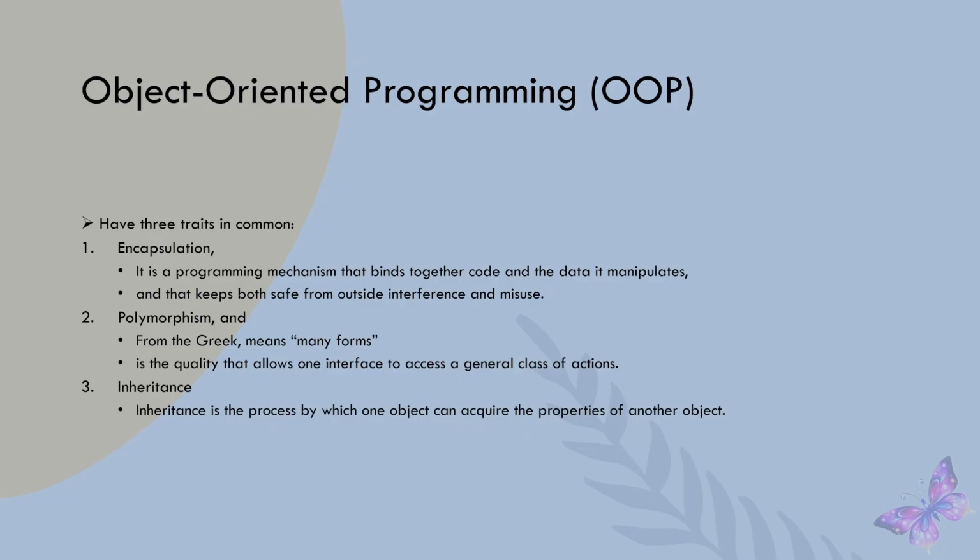Now let's look into these three common traits. We discussed what object oriented programming is before, but these three, encapsulation, polymorphism and inheritance, are very important traits that make up object oriented programming. So what is encapsulation? It is a programming mechanism that binds together code and the data it manipulates.